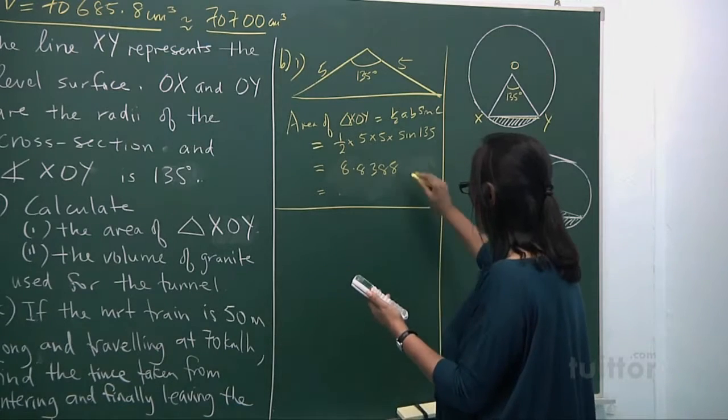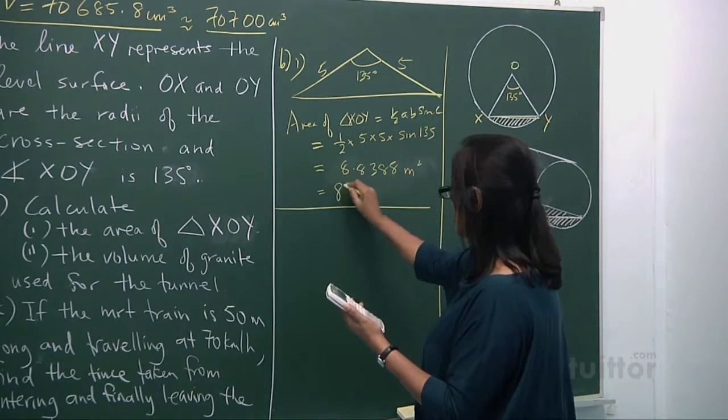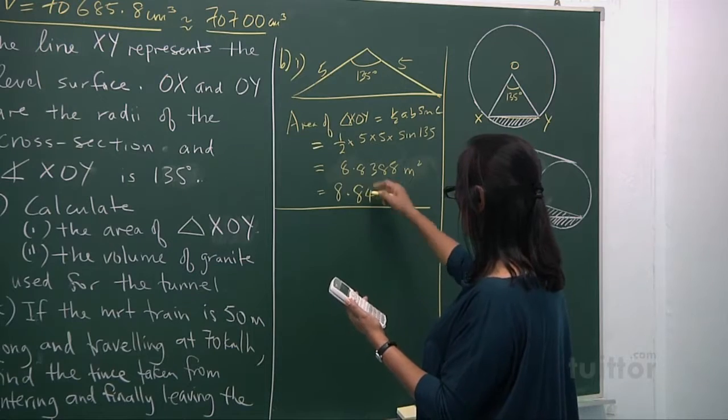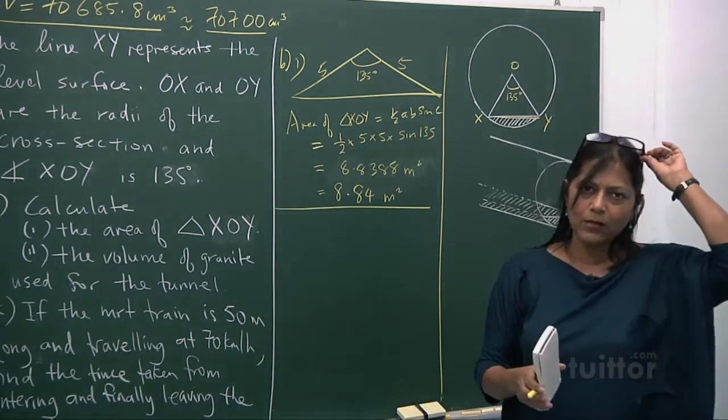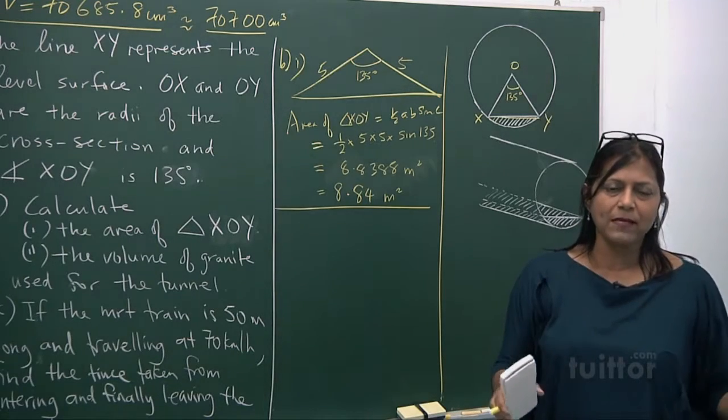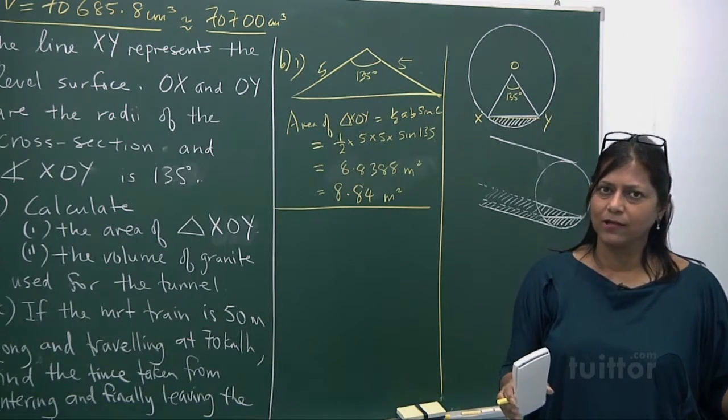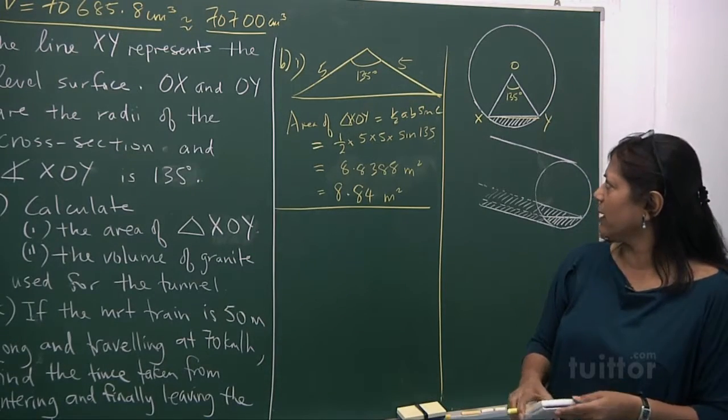And if you get to the nearest 3 SF, you get 8.84 here, meter squared. Now sometimes I may have pressed the wrong angle. It's good to recheck, to make sure you're getting it right.